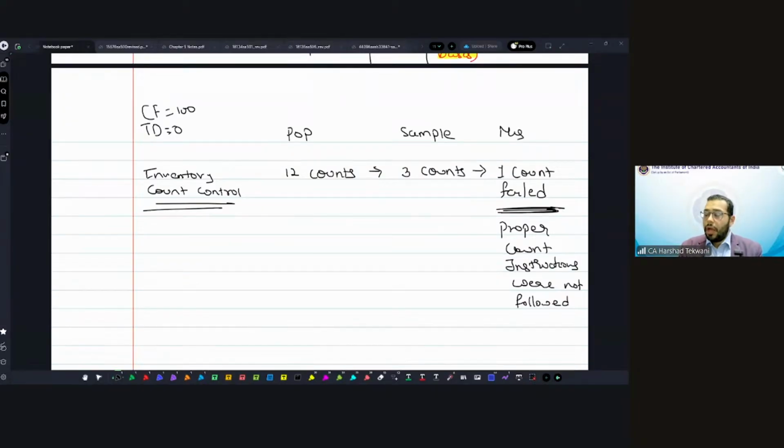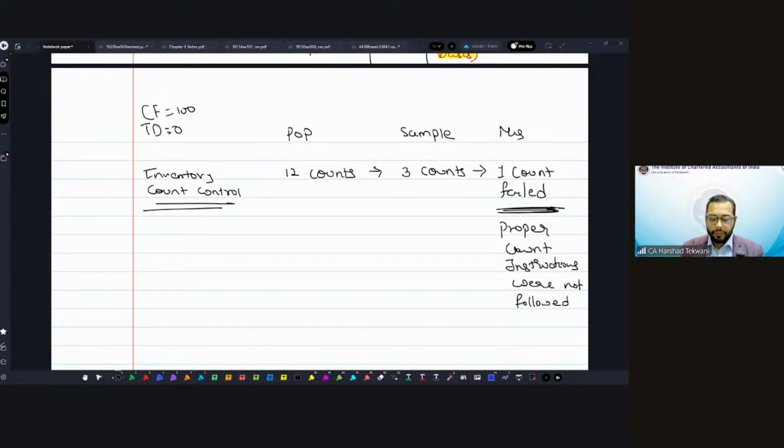Yes, I understood, but what will be the outcome on the control? Now, if this control is there where 1 count failed, should I say this control has 4 failed counts, projected 4 counts, or I would still say 1 count only? What will be the outcome on the control, I'm asking? The outcome of alternate audit procedures is a separate story.